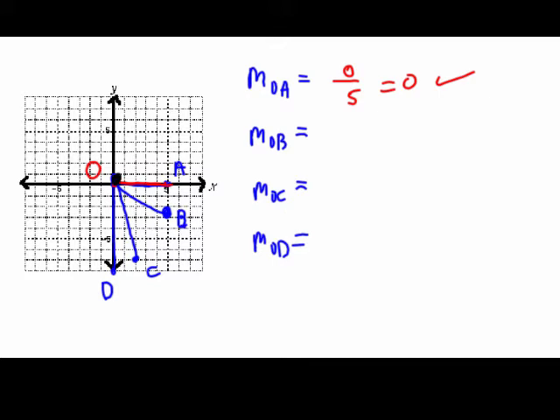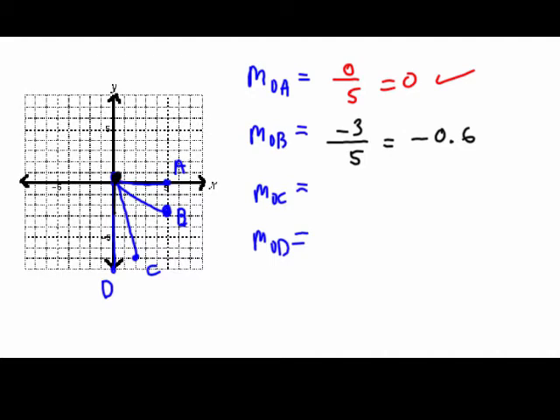If I start at O, I'd have to rise 3 units, which is negative, because I've gone downwards, and then move right 5 units, which is positive. So my slope is -3/5, which is -0.6. So I just showed you the slope calculation moving from O to B. What if I move from B to O? If I start at B and I move upwards 3, my rise is 3, that's +3.